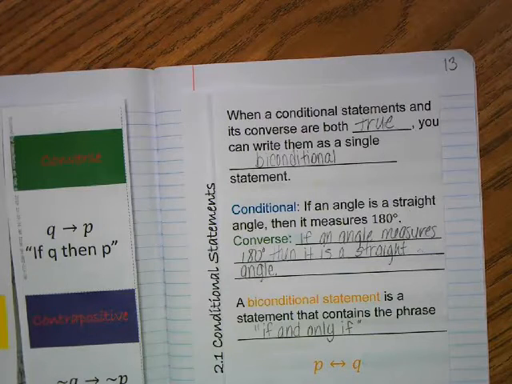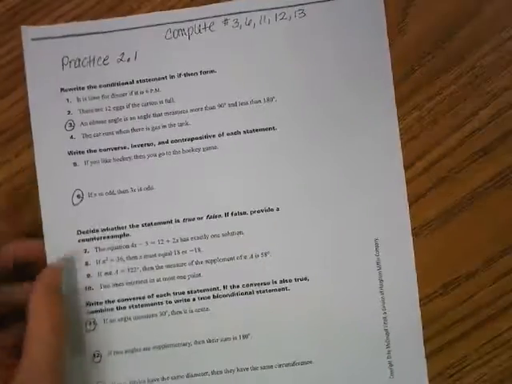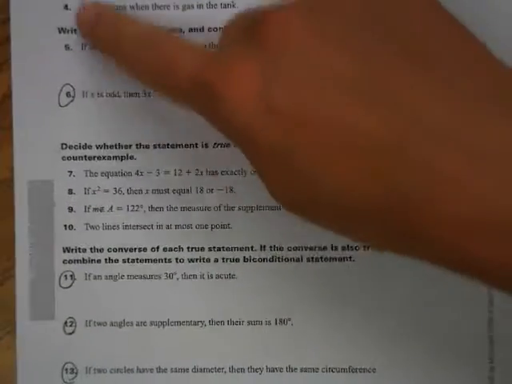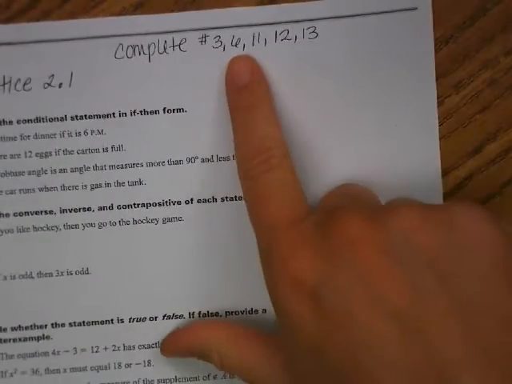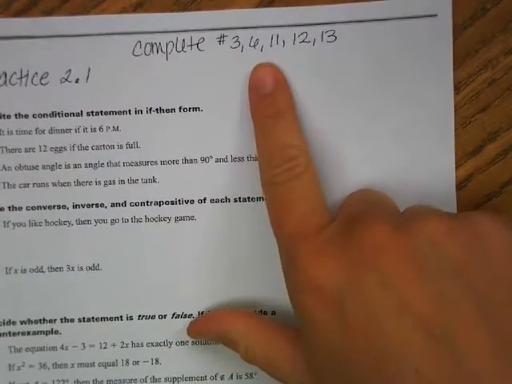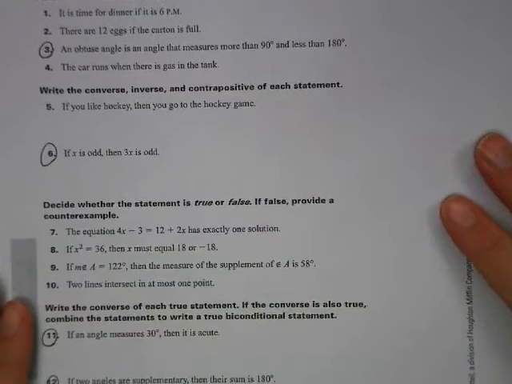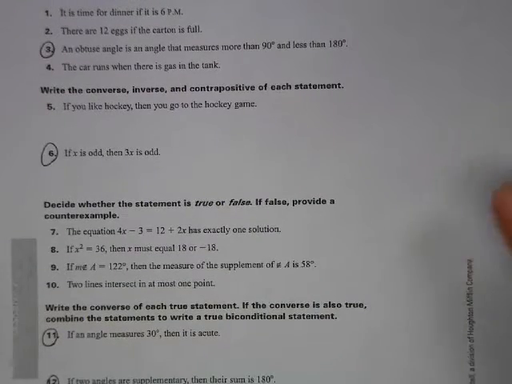So this is what you're going to practice for homework. You have a practice worksheet. You're only doing the problems that I circled. So it's problems 3, 6, 11, 12, and 13. And that's just because this has a lot of writing.